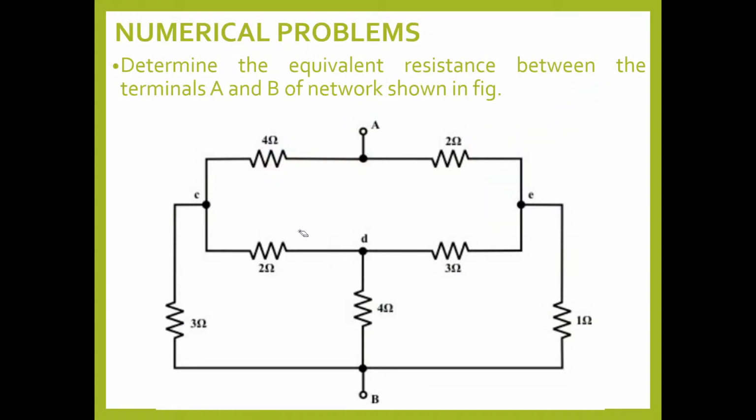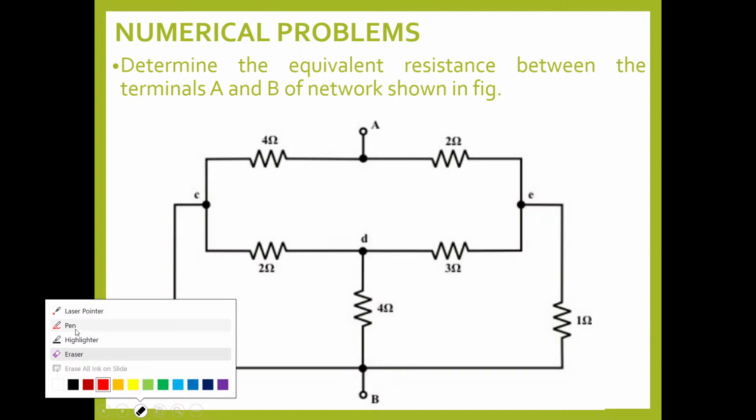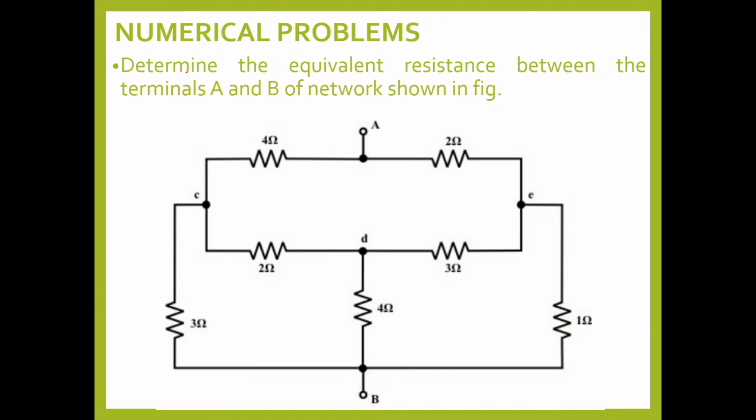Okay, now let us see a numerical problem. In this numerical problem, they have simply asked us to determine the equivalent resistance between the terminals A and B. Simply, we can go for the network reduction method to determine the equivalent resistance.